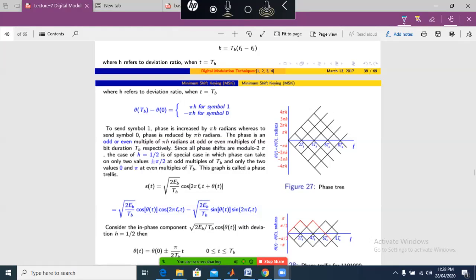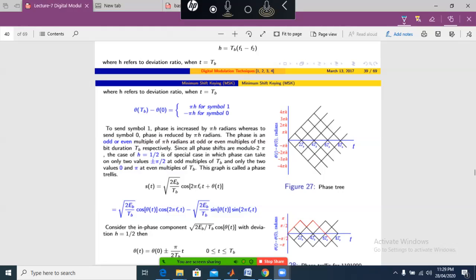So when the bits are consecutively ones, the phase goes on increasing up till 4h, and it goes on decreasing when we have 0 phase, and maybe in any other form it has some other structure.